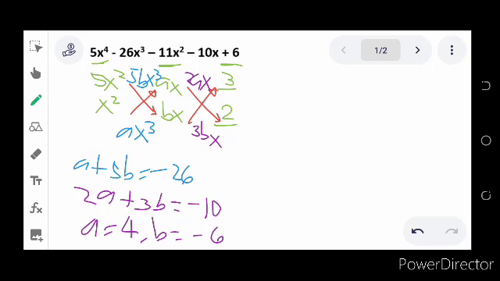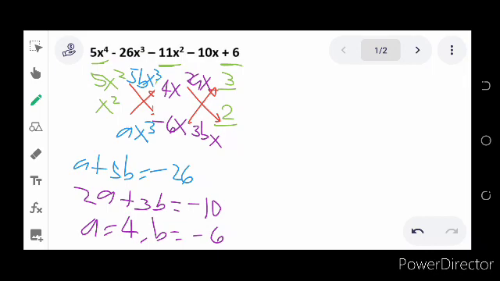So now we can erase the a and the b and replace them: a is 4, so this could be 4x, and b could be negative 6x.